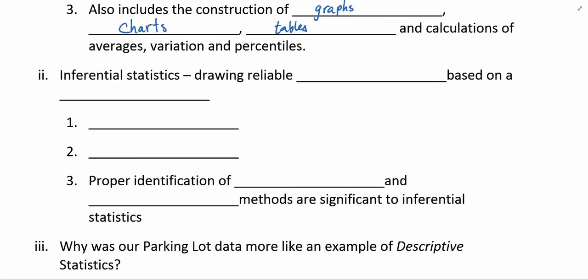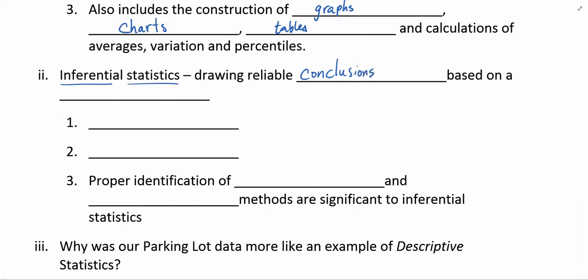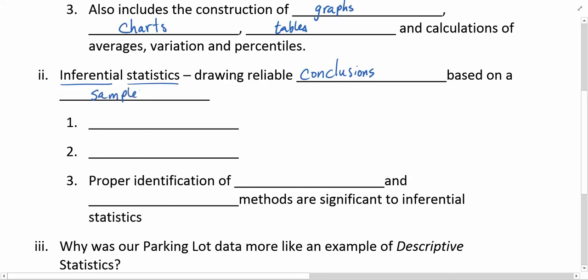Inferential statistics, on the other hand, allows us to draw reliable conclusions based on a sample. If our population is too big, we take a sample of the population and try to reach a conclusion about the entire population by looking only at a small sample.